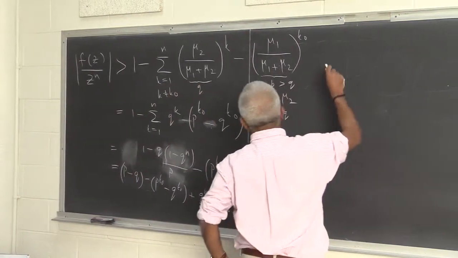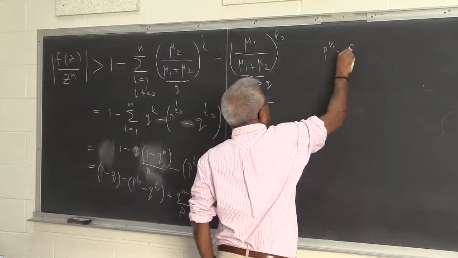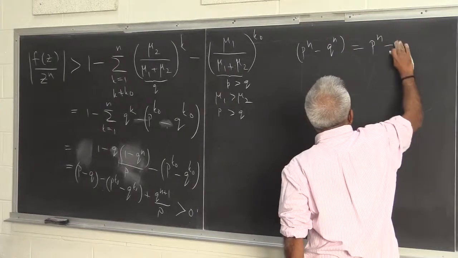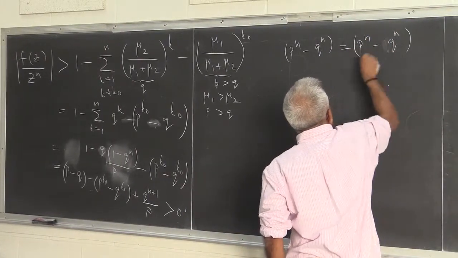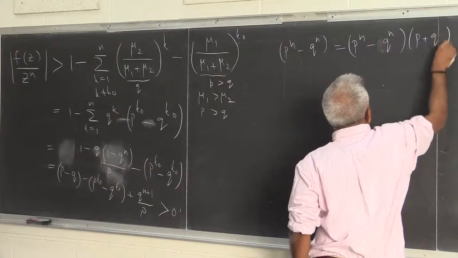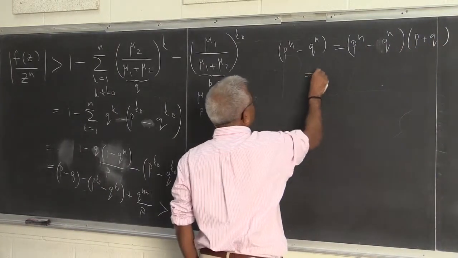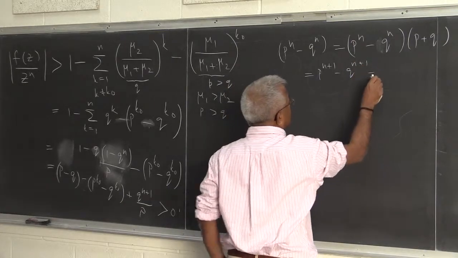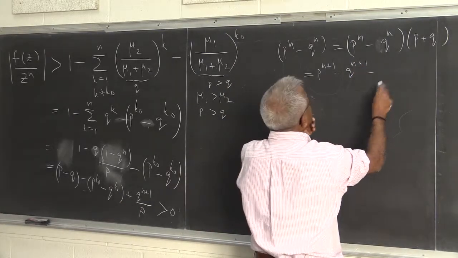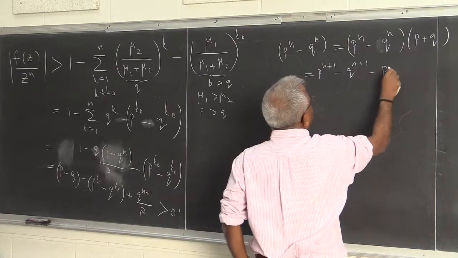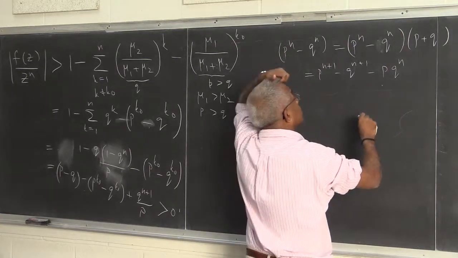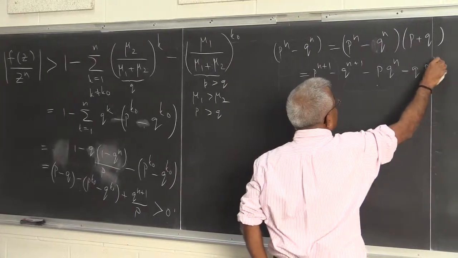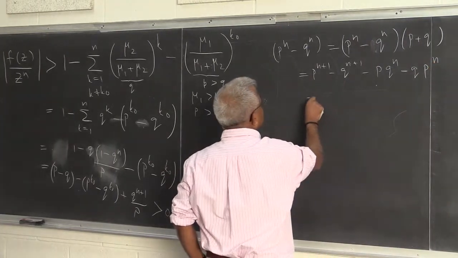So if p is greater than q, notice that if you take this identity, that's the same as p^n minus q^n multiplied by p plus q. So if you expand this quickly, you get p^(n+1) minus q^(n+1), minus pq^n, minus qp^n.